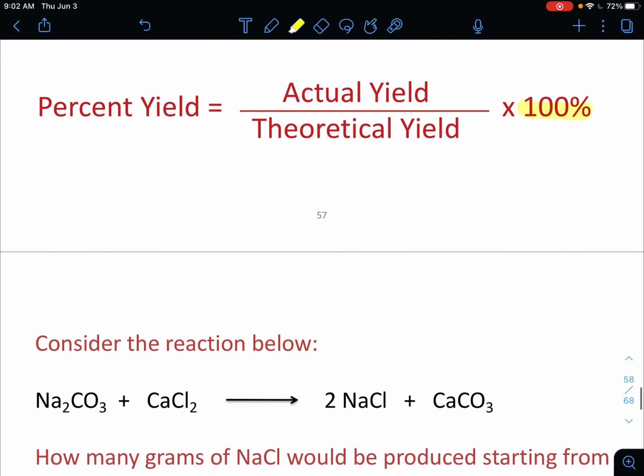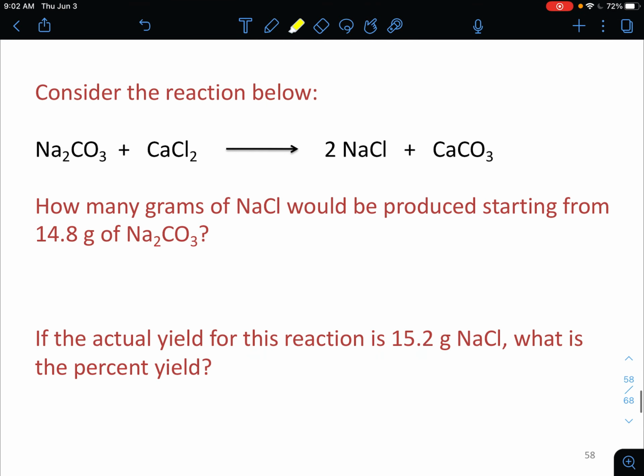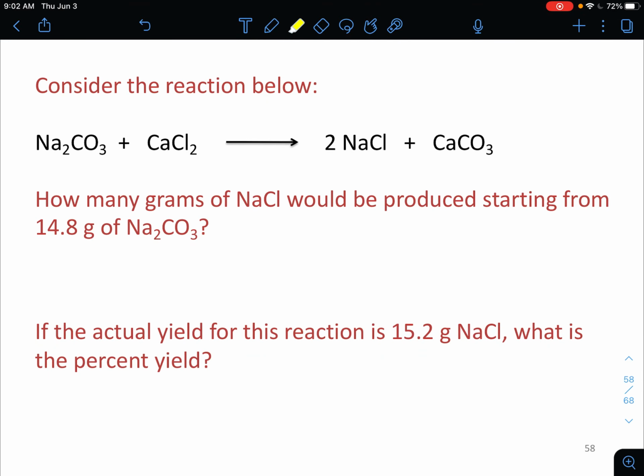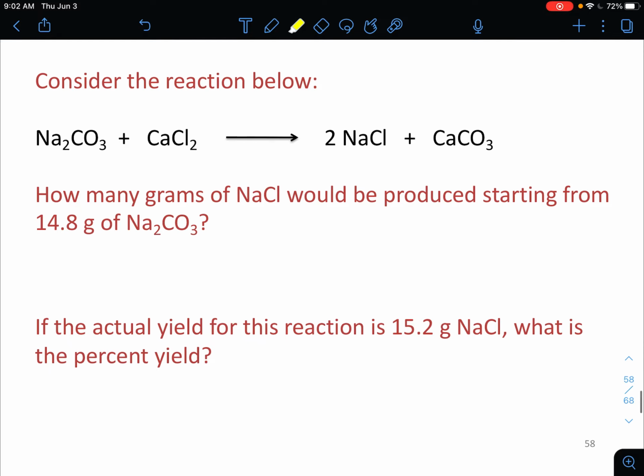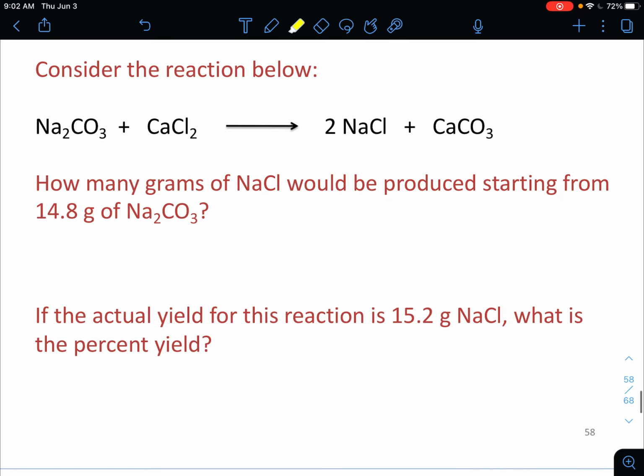So, like I said, since we're not actually doing any experiments in the lab, the way that I would incorporate actual yield into a problem is I just kind of make up a number that is smaller than what I know to be the theoretical yield, just to give you practice calculating the percent yield. Okay, so we're back to the same equation, right?